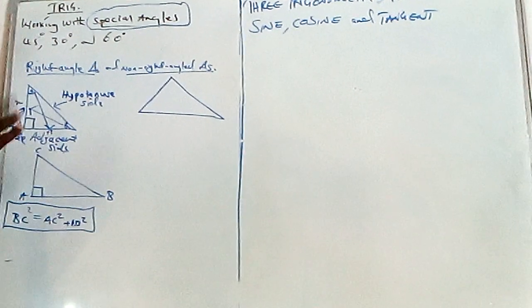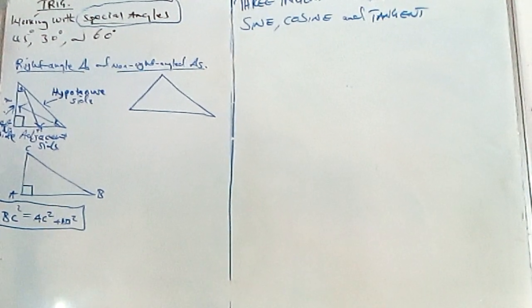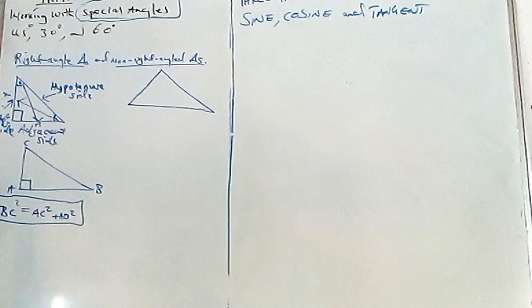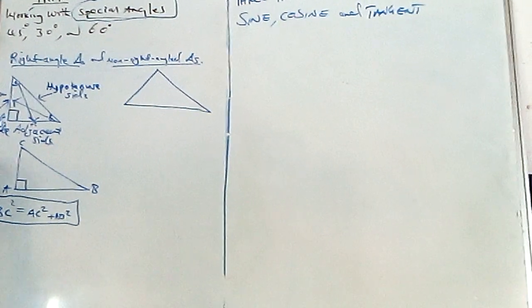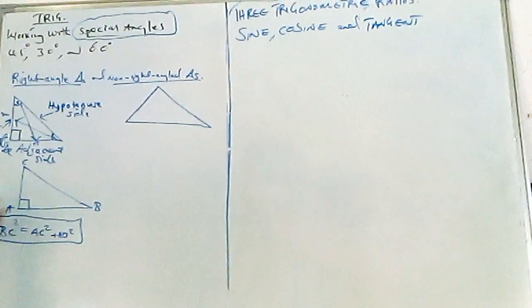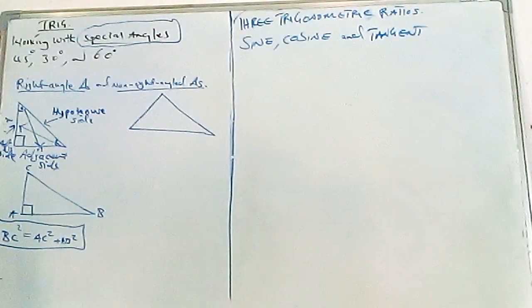You did look at Pythagoras theorem, so you should remember those concepts. When you incorporate those concepts with the three trigonometric ratios, special angles will be easy for you to understand.